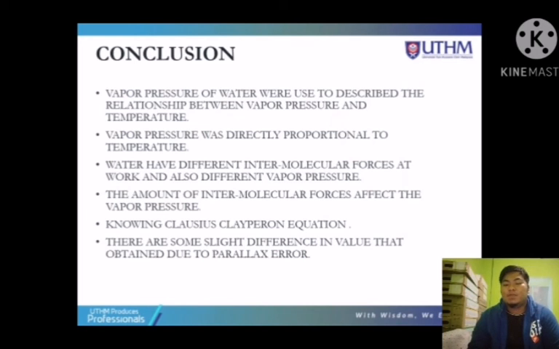The amount of intermolecular force will affect the vapor pressure. After this experiment, we also get to know the Clausius-Clapeyron equation. There are also some slight differences in the values obtained due to parallax error.